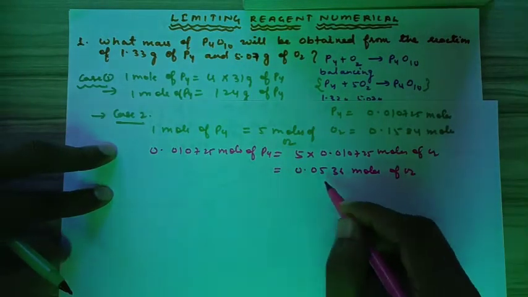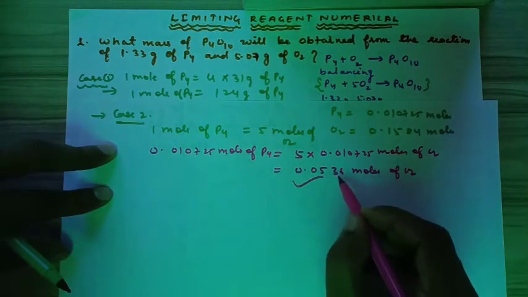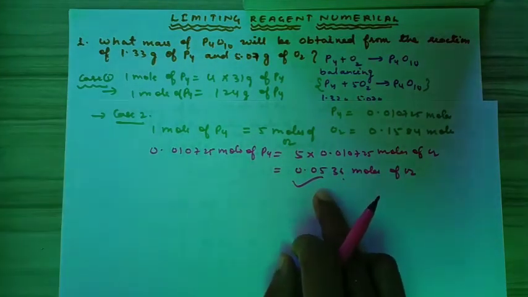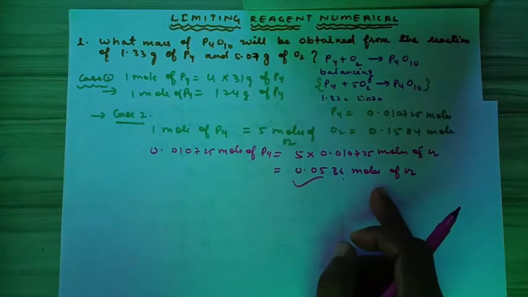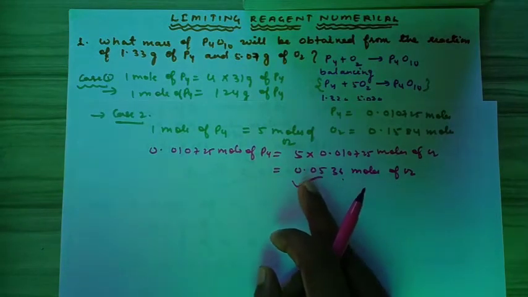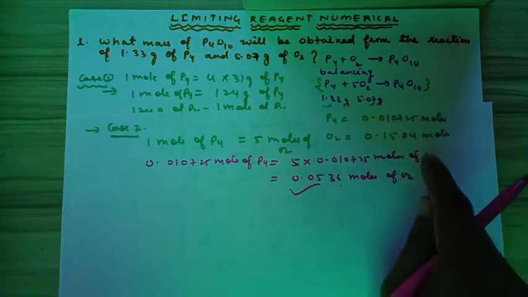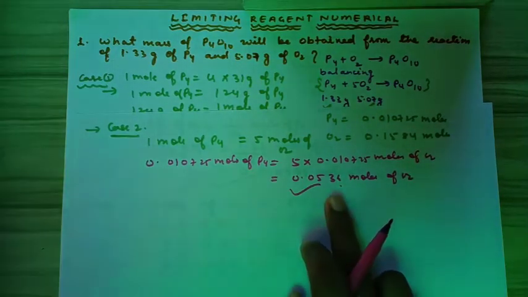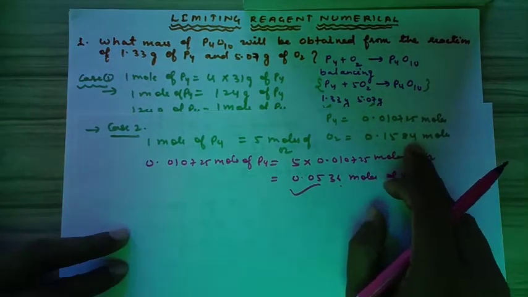Now here the requirement is of 0.0536 moles of O2. But we know that from 5.07 gram of O2 we obtain 0.1584 moles. So the requirement is this and the availability is more.